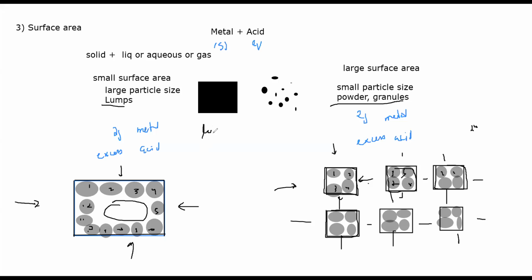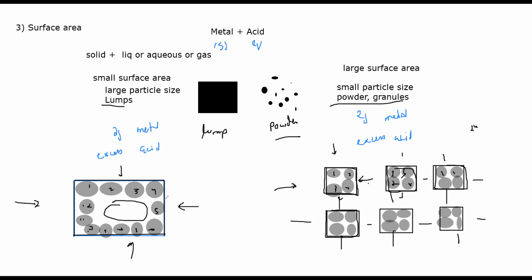Lump of sugar or powder or fine sugar? Which will dissolve faster? The fine or powder sugar will dissolve faster because more particles are exposed to the surrounding. Is it clear? This is the idea of the effect of surface area on the speed or the rate of the reaction.